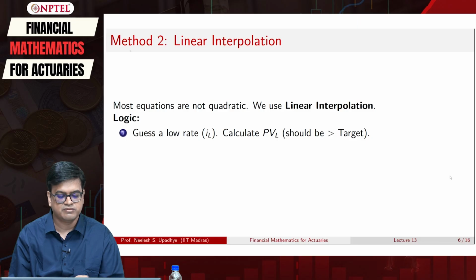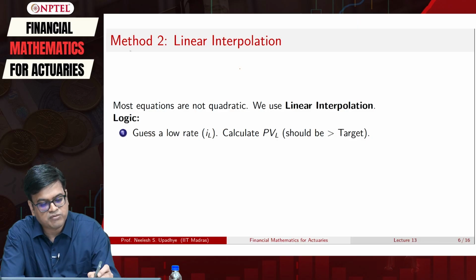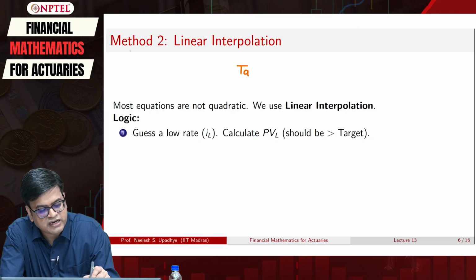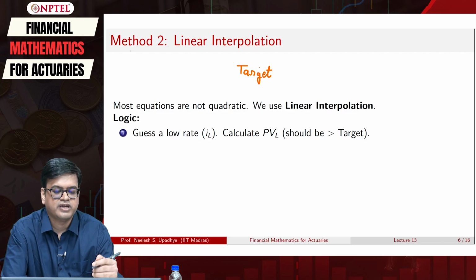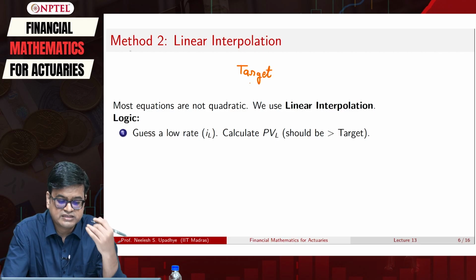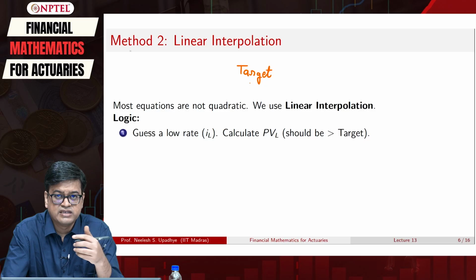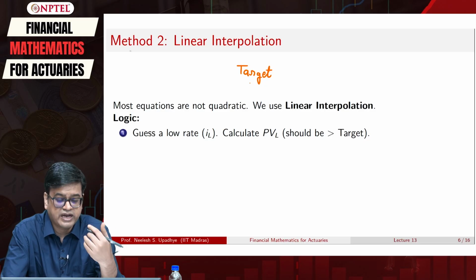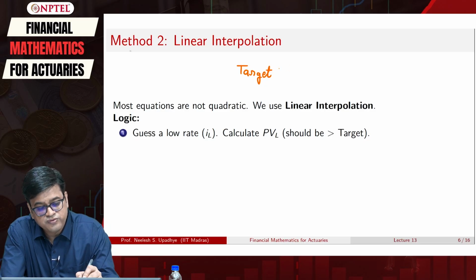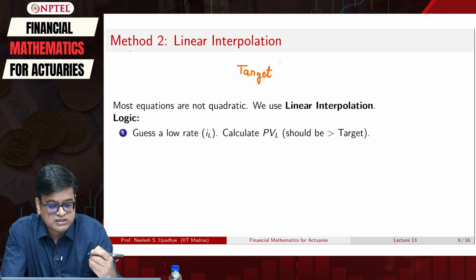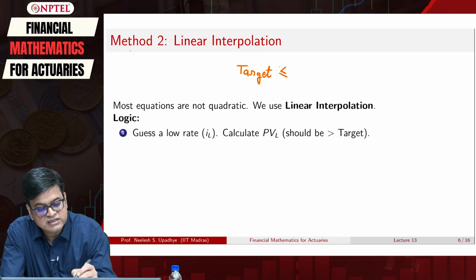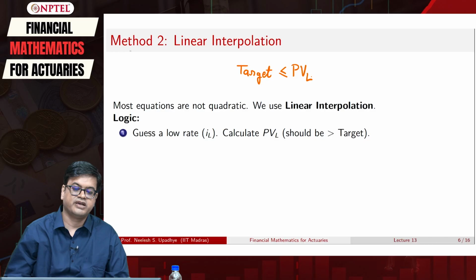Then what will happen? I have one fixed loan amount in my mind, that is my target, and if I estimate a lower interest rate, then the present value of that particular interest rate will be somewhat higher than the target, right.